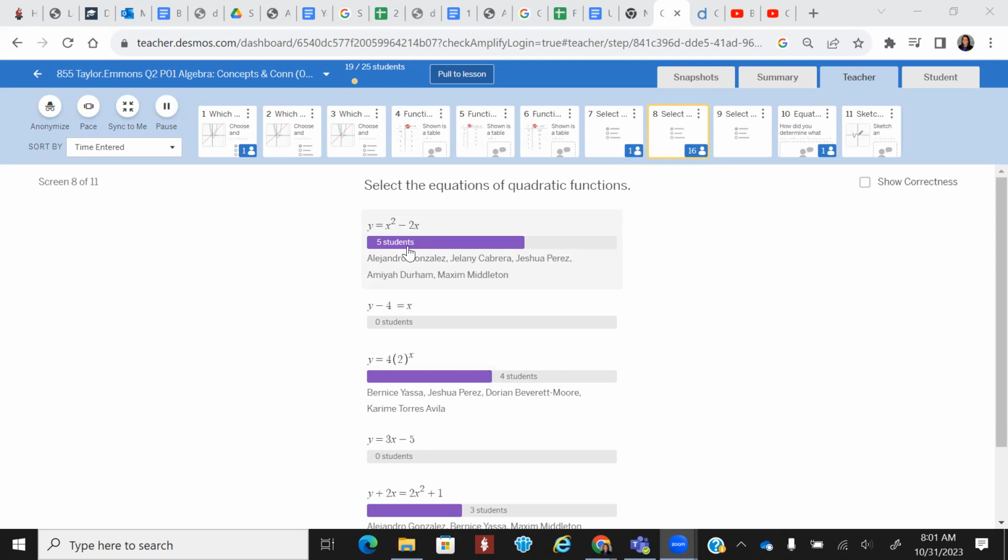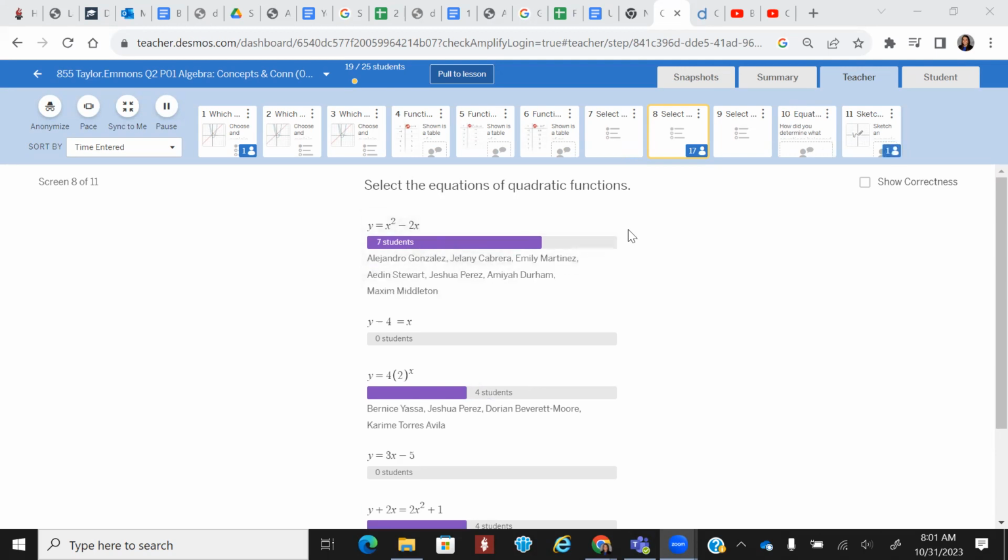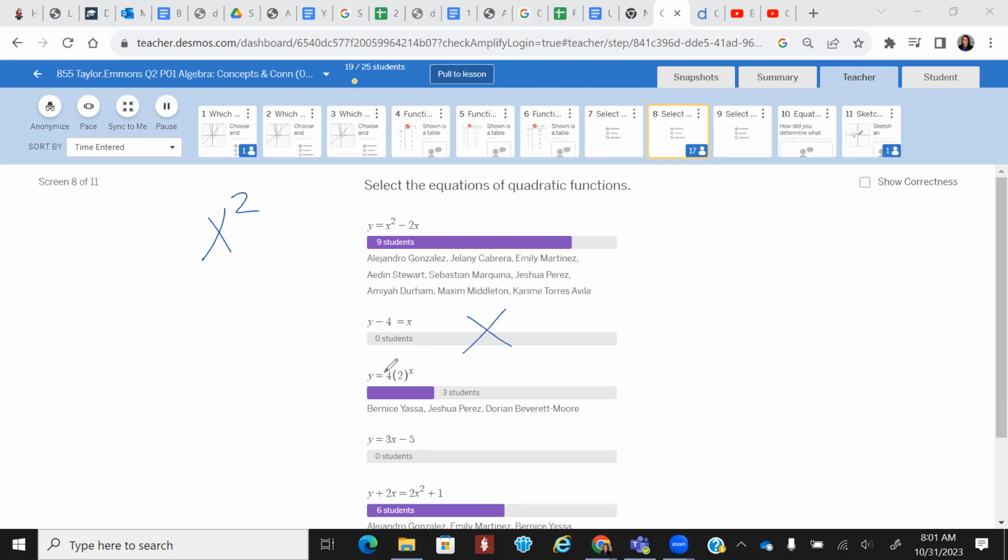Agree? Okay, why? What makes this quadratic? X squared. So we're looking for things that have that x squared, right? Okay, does the second one have x squared? No. What about the next one? We have 4 times 2 raised to the x. Is that an x squared? Does it have this in it?